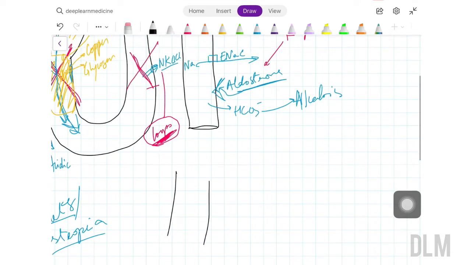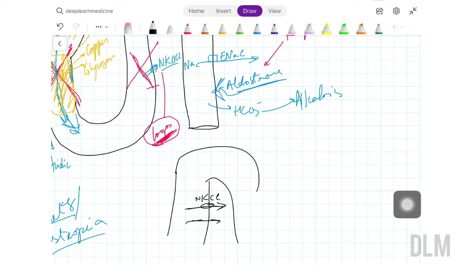NKCC channel, what happens is that there exists an electrochemical gradient between the ascending limb and the interstitium that is due to the flow of sodium, potassium, and chloride ions.